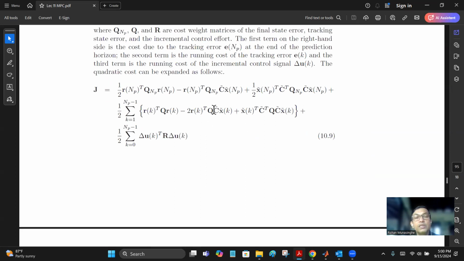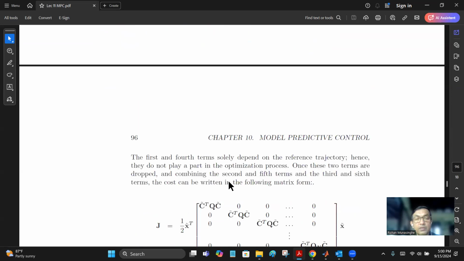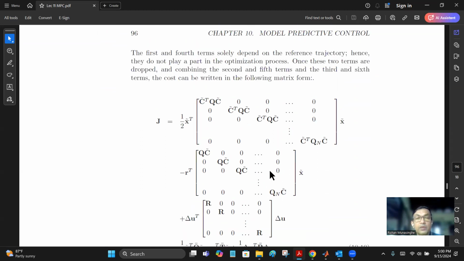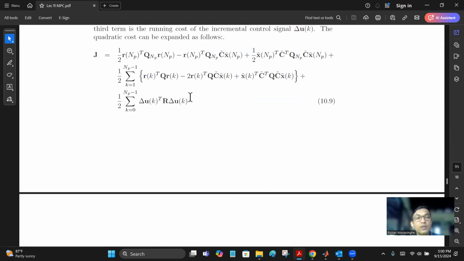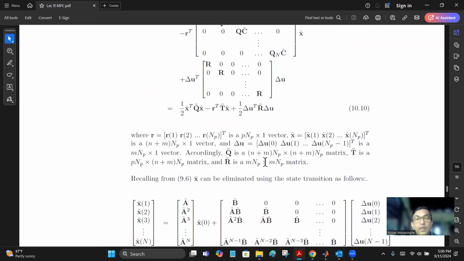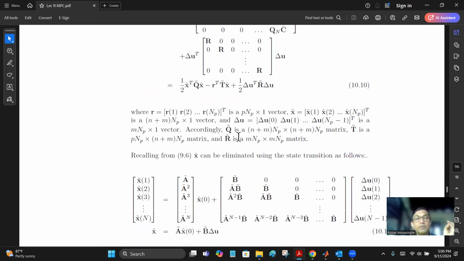Q C tilde is the matrix, Q C tilde along the diagonal from k equals 1 to N_p. This is the last term anyway, which is this one. Of course, there's nothing to mention: it's delta u transpose and delta u on either side and R in the middle. Okay. So the dimensions of the matrices are also given here.